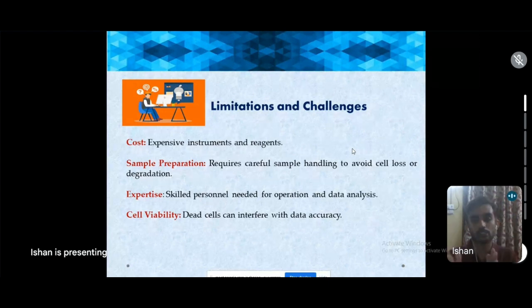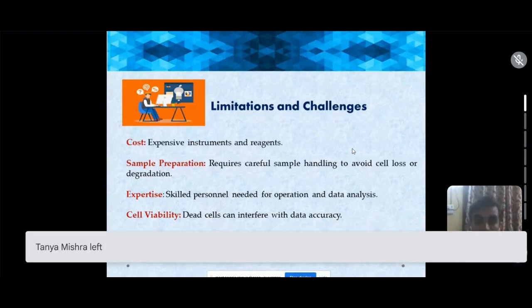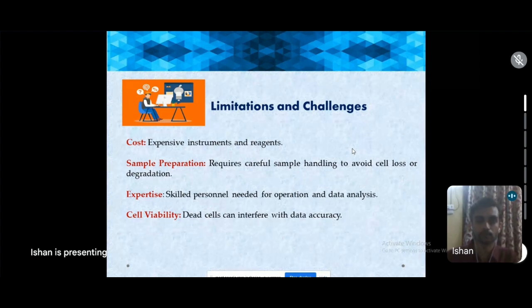So skill is the major requirement to handle these kinds of instruments. Not only the skill in handling the instrument, but the soft skills or the analytical skills. Basically the analytical skills, how we are thinking of these results and how we are correlating them with different challenges that we are facing in any kind of disease diagnostics or treatment.